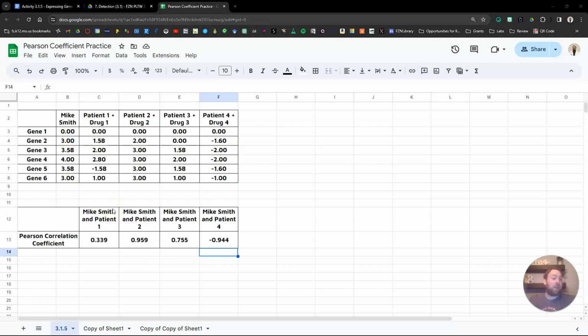Now, personally, I will always go with positive correlation to determine my treatment plans. So I would give Mike Smith patient number 2's drugs, which is a higher correlation anyways. 0.959 is more correlated than a 0.944, whether it was positive or negative, anyways.